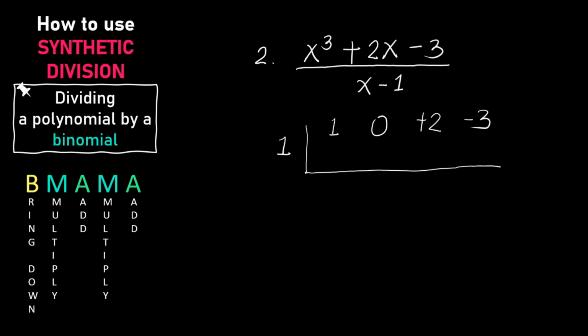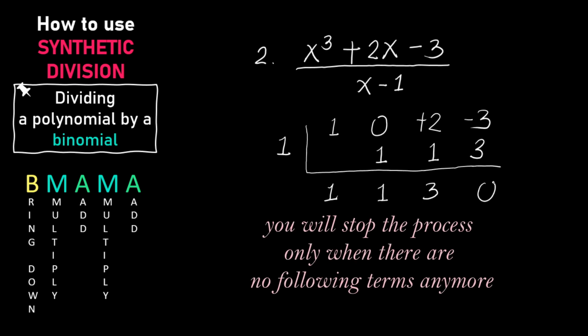For our divisor, it is positive 1 because the value of x in x minus 1 is 1. With the use of the same mnemonic B mama, bring down, multiply, add, we will obtain.